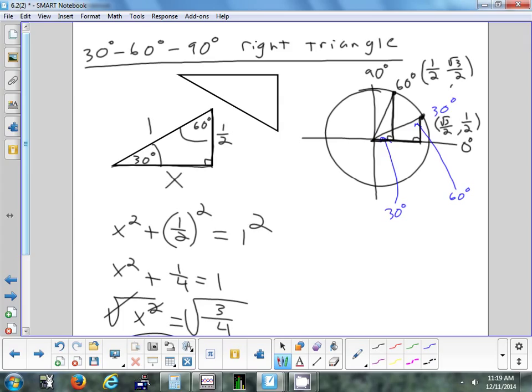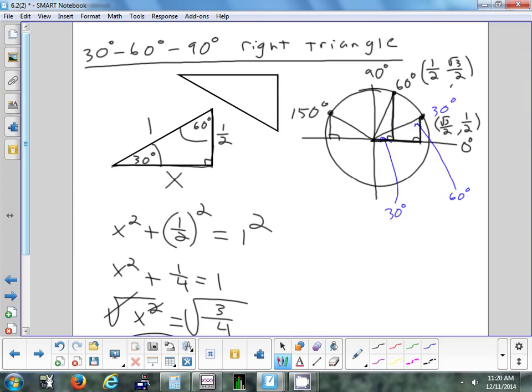So now we'll try some examples, and then when we get to one, I'll show you how you could extend it into another quadrant. But if you understand the idea of reflections, that's all that really needs to be done. To say, if I wanted you to do 150, it's just a 30-degree angle flipped into quadrant 2.